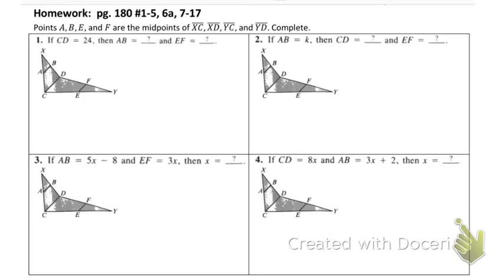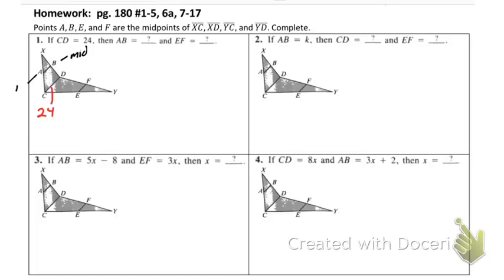Number 1, at the beginning. Okay, it says if CD equals 24, so I'm going to label that. If CD equals 24, then AB equals what? Let's look real quick. It says points A, B, E, F are midpoints. So all of them are midpoints. I'll put mid.